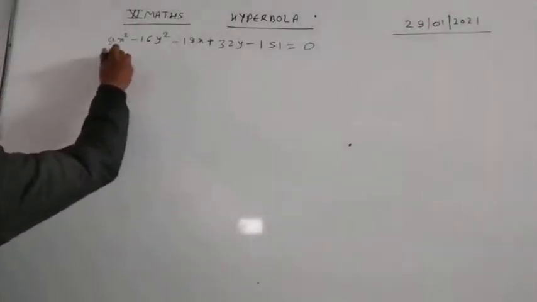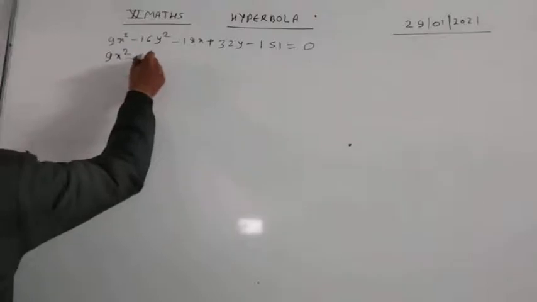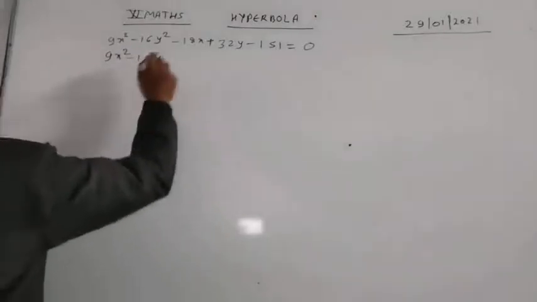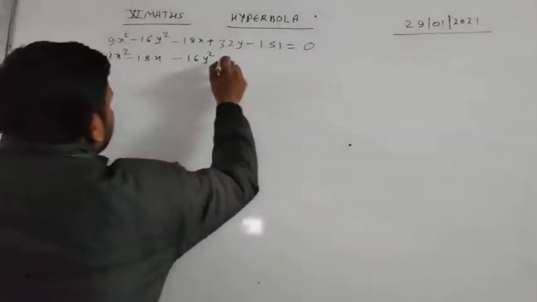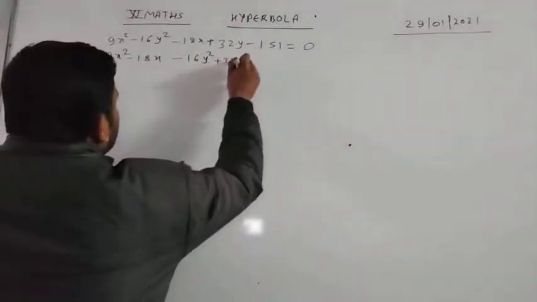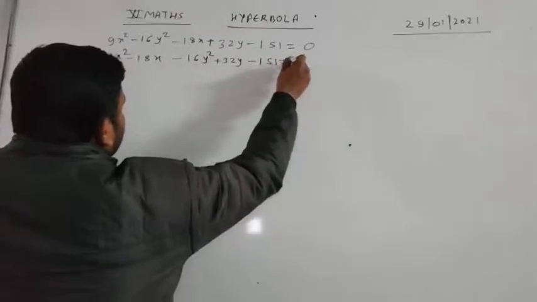So for this we write 9x square minus 18x and minus 16y square plus 32y minus 151 is equal to 0.